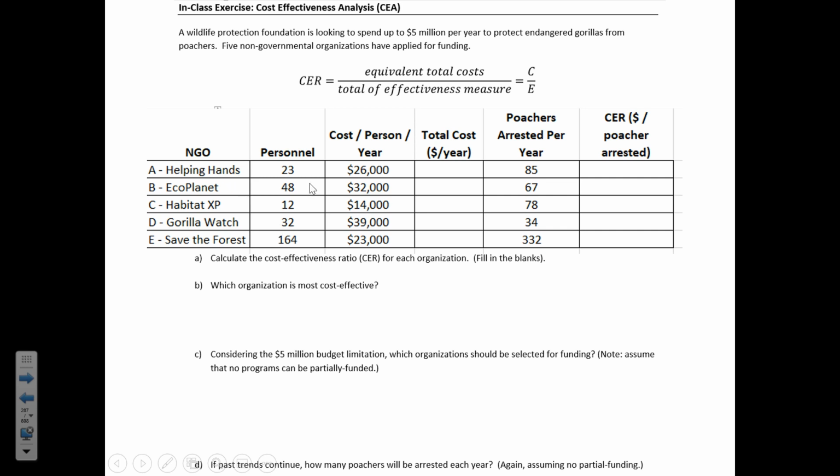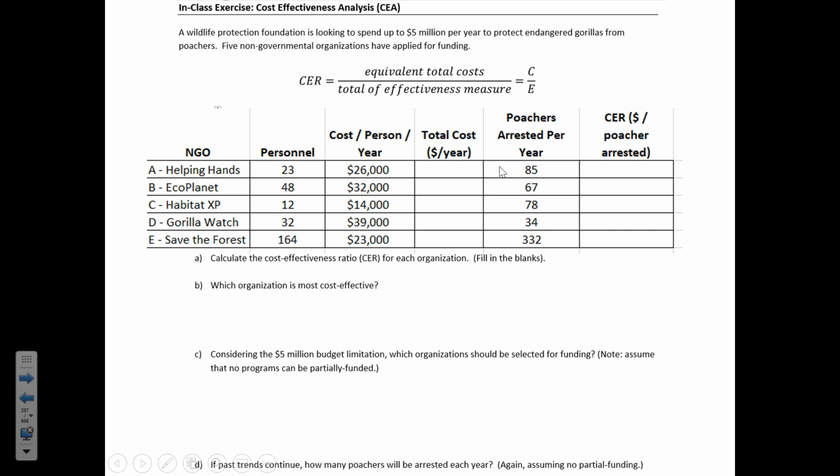We know how many people they have and what is their cost per person per year. And so what you can do for the total cost is just determine what's their overall budget. And then what we want to calculate is the cost effectiveness ratio. And here our measure of effectiveness is how many poachers they arrest per year.